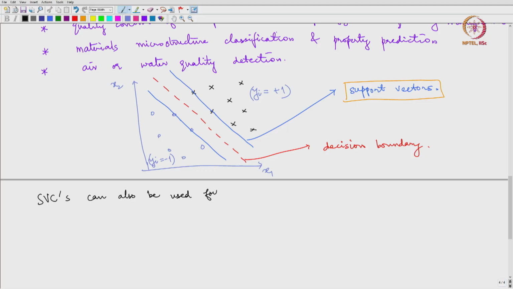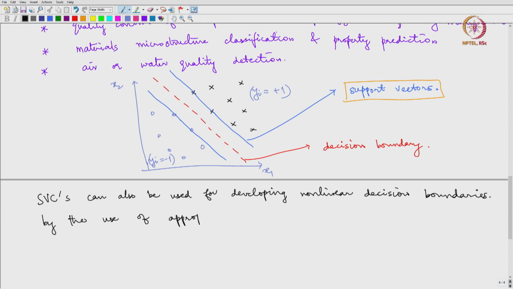for developing non-linear decision boundaries, and this is achieved by the use of appropriate non-linear kernel functions.